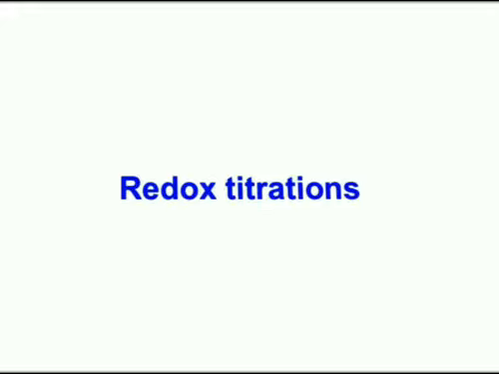What is redox titration? Redox titration includes all reactions involving change in oxidation number or transfer of electrons among the reacting substances. The standard solutions are either oxidizing or reducing agents.